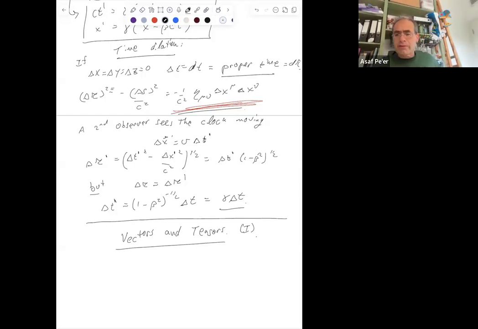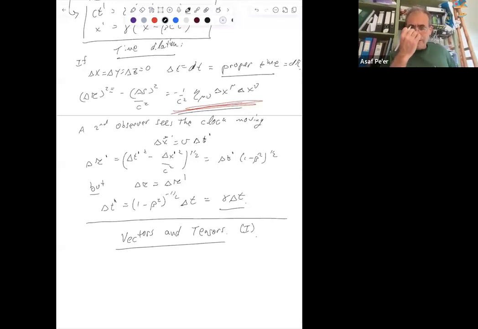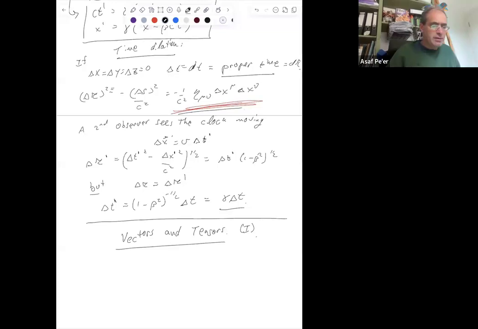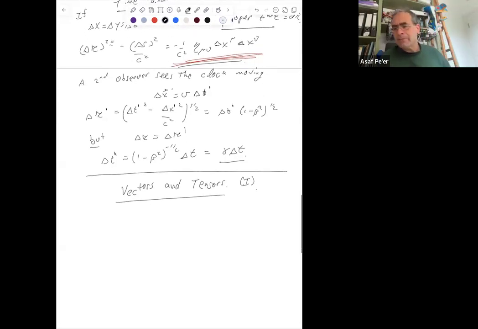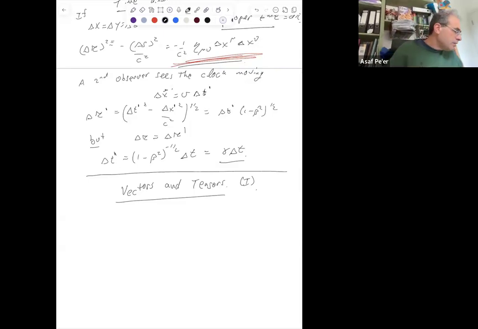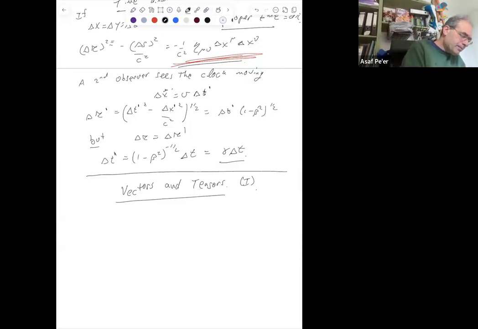And again, I remind you, if you don't understand something, stop me. It's not that difficult, but if you haven't seen it before, it can be very tricky and very confusing. We're going to do it step by step, and if you feel that you're losing me, just stop me on the way. I don't mind adding another lecture. I do mind that you don't understand. So we start with 4 vectors.